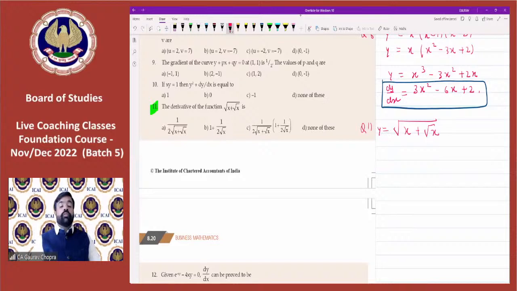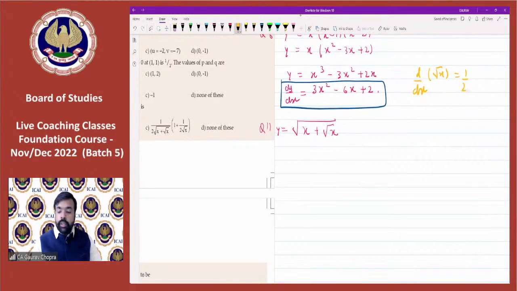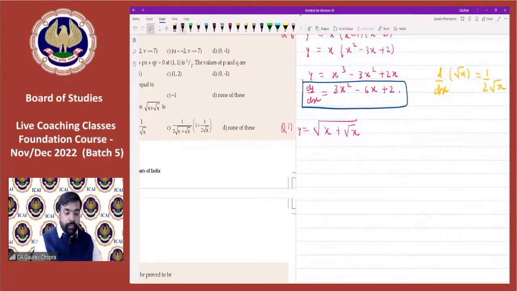This is the function. So again, there is a function into another function. So what is the first function? Root is having some value. So whenever we are having d by dx of root x, the result is 1 upon 2 root x. So we can apply this concept here.